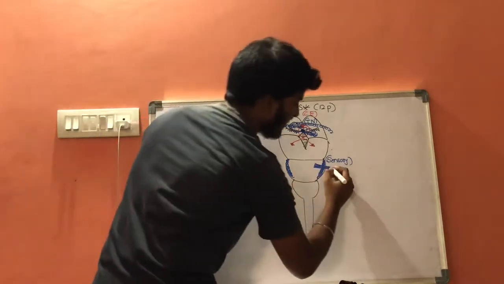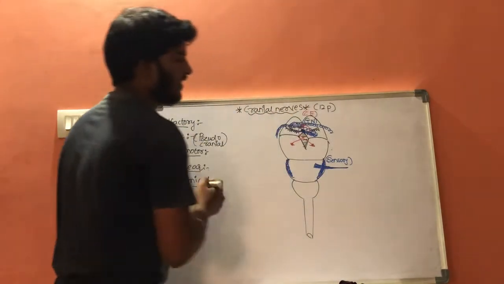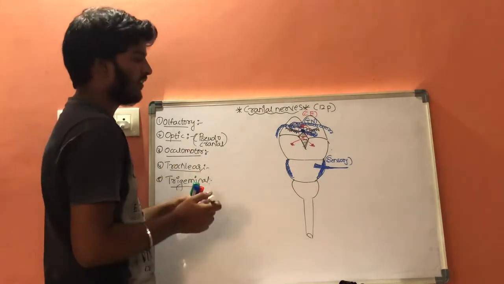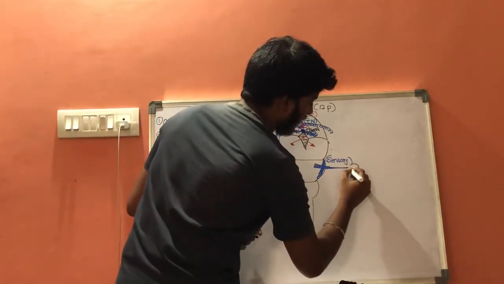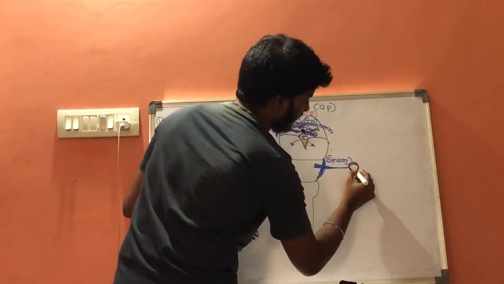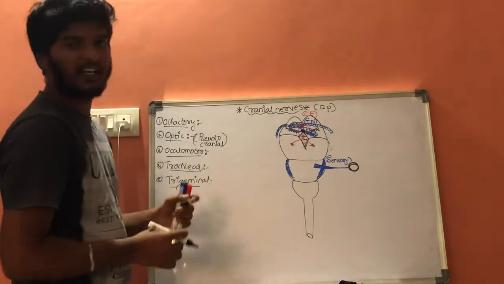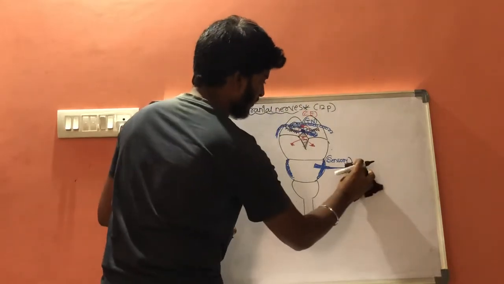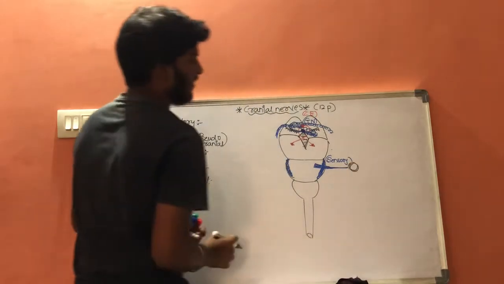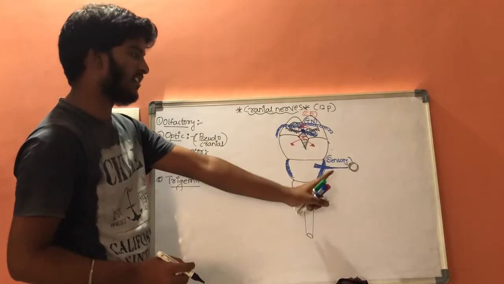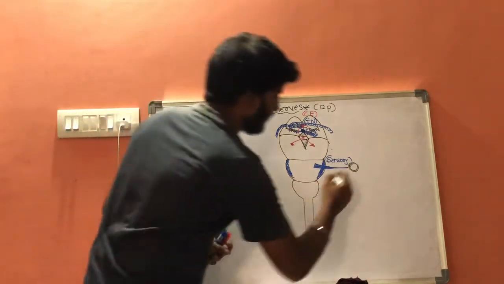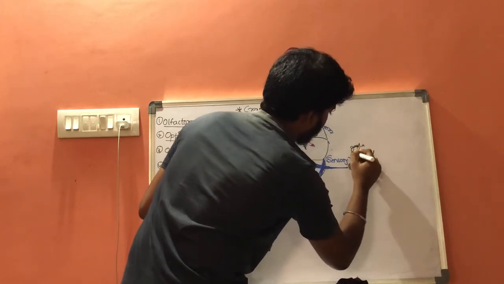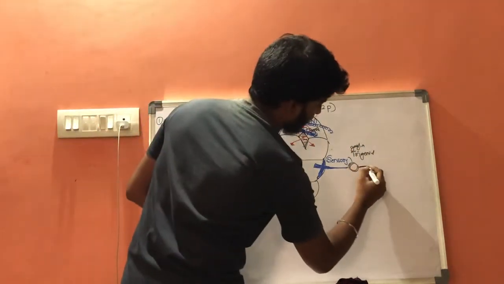This sensory nerve will go like this, and it will attach to the trigeminal ganglion. These sensory fibers get attached to the trigeminal ganglion. This is the trigeminal ganglion.